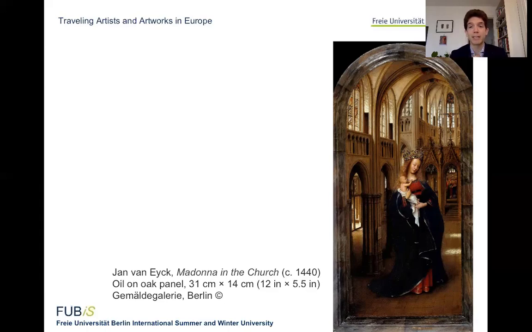But let's start having a closer look at the subject of this painting. As you can see, the Virgin Mary is represented here with the young Christ in her hand. So it's a Madonna and Child housed in a church.